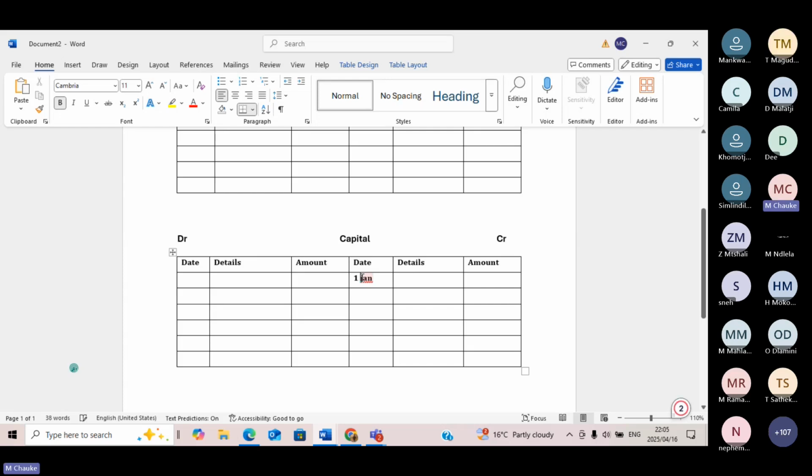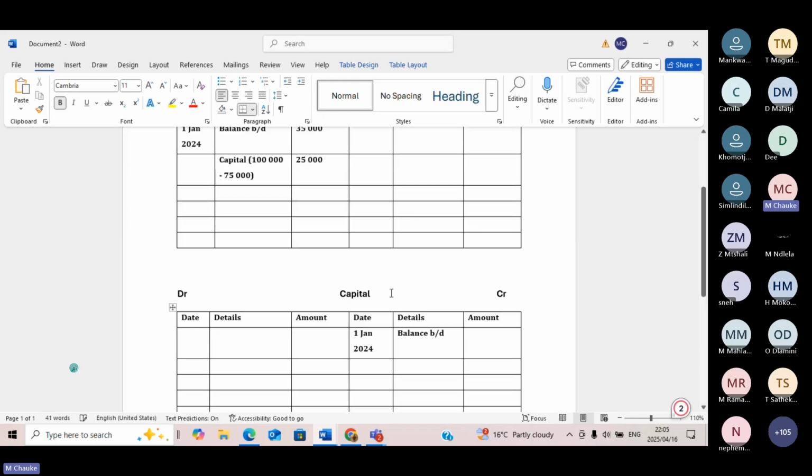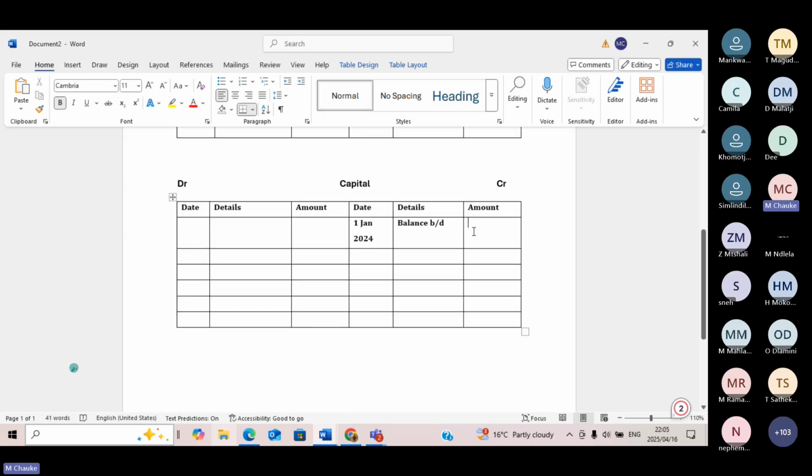On the date right there, 1 Jan 2024. And then opening balance is there. Balance brought down. Your balance brought down of this capital was 75,000, or is 75,000. So 75,000 right there is the opening balance of the capital.